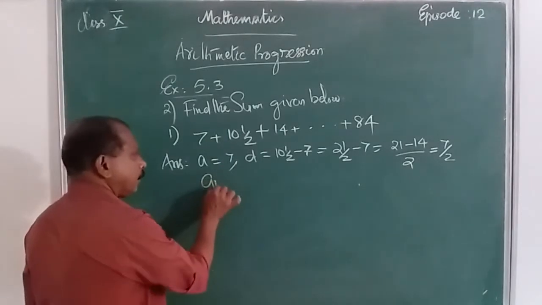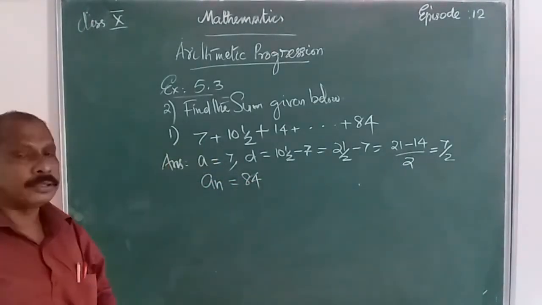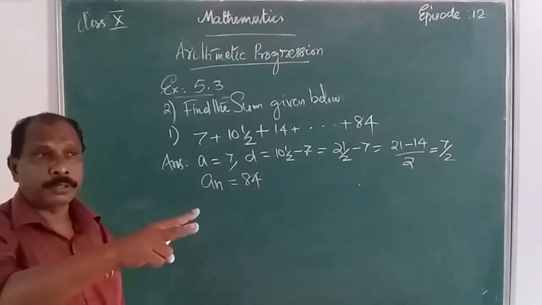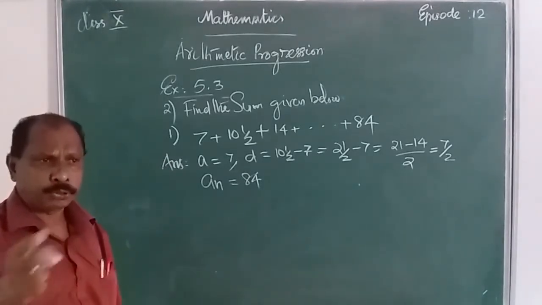Then the last term is given. That is an, so that is 84. We can find out the sum of these terms. So first of all, we can find out the number of terms. Therefore, using the formula, the number of terms n is equal to an minus a by d plus 1.